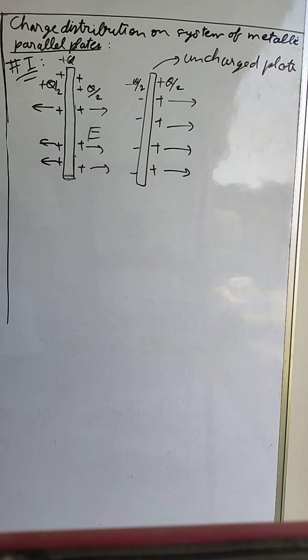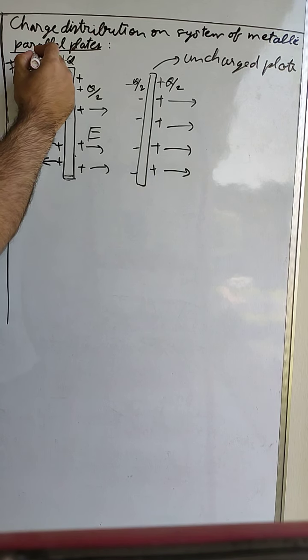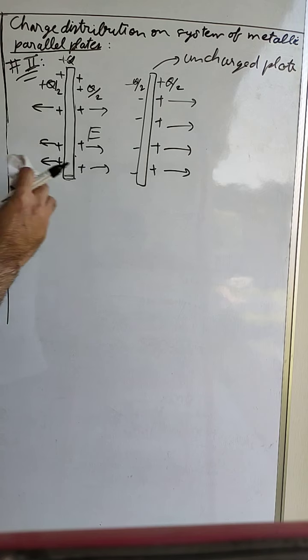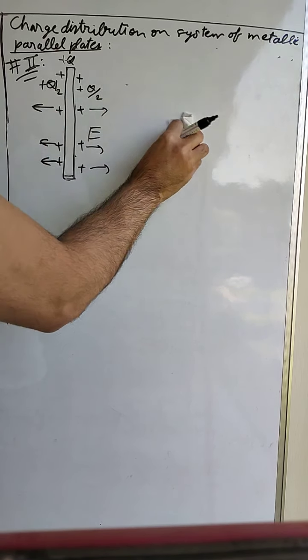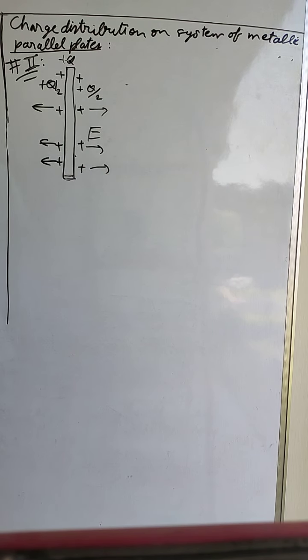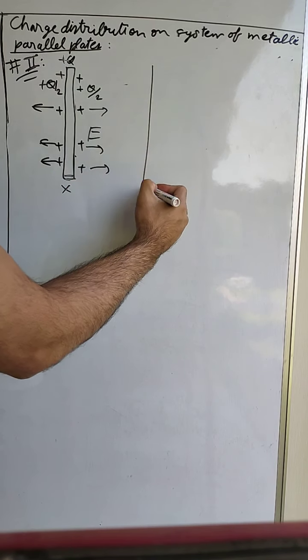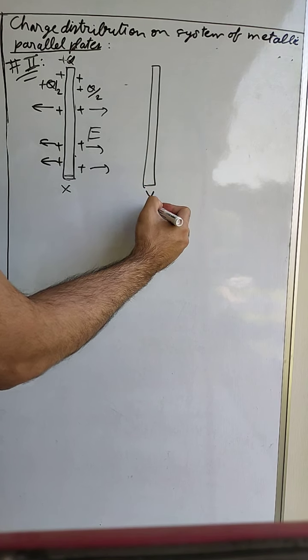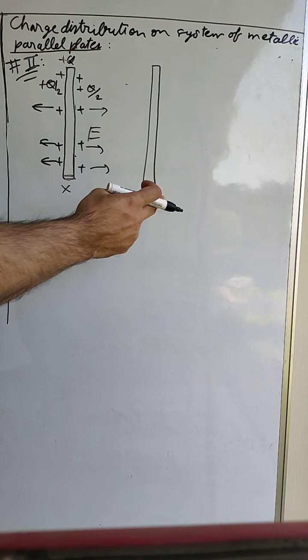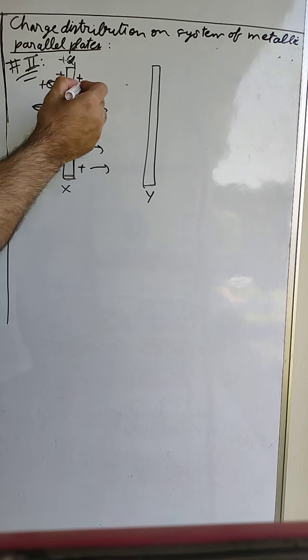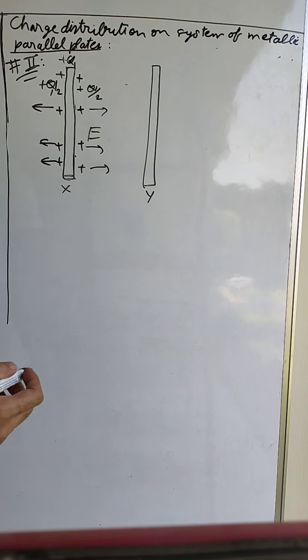Now let us take a second case, in which the plate that we are bringing parallel to the existing plate is also charged. Let us say these two plates are X and Y, and plate X is charged with Q1, so it has Q1 by 2 and Q1 by 2 on its faces.